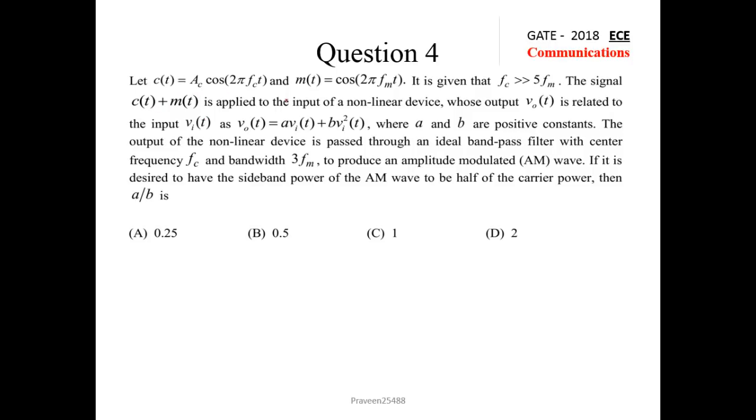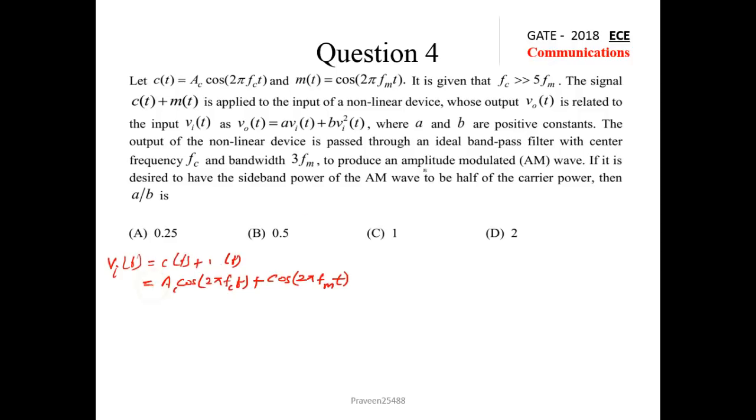So here, first the signal c(t) plus m(t) is applied to the input of the nonlinear device. So here the input is v_i(t) equal to c(t) plus m(t). So this we'll write as A_c cos 2 pi f_c t plus cos 2 pi f_m t.